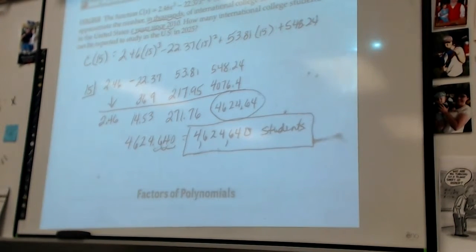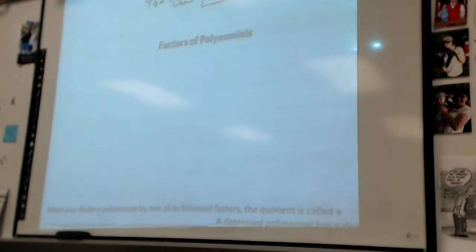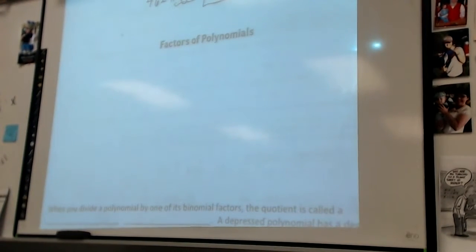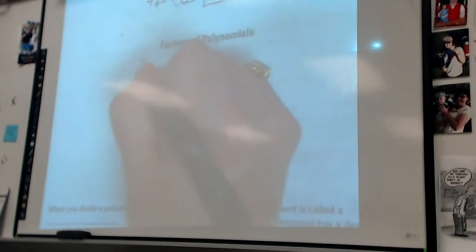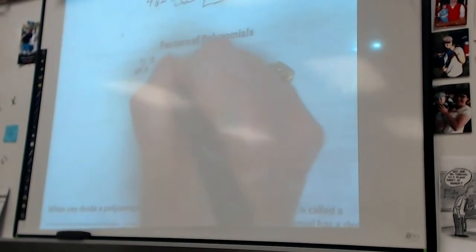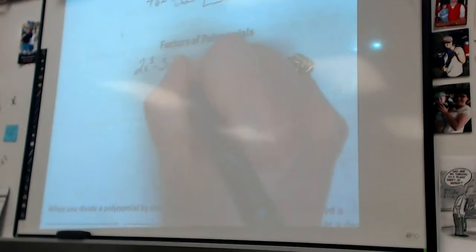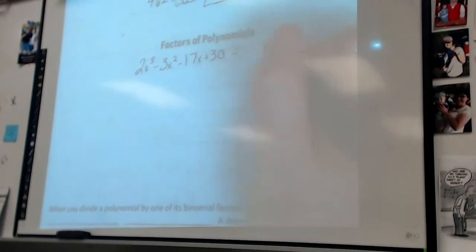All right. Now we're going to switch gears just a little bit. We're still going to be using some synthetic division, but we're going to go back to talking about the factors part of it. All right, let's look at 2x cubed minus 3x squared minus 17x plus 30, and we want to divide it by x plus 3.